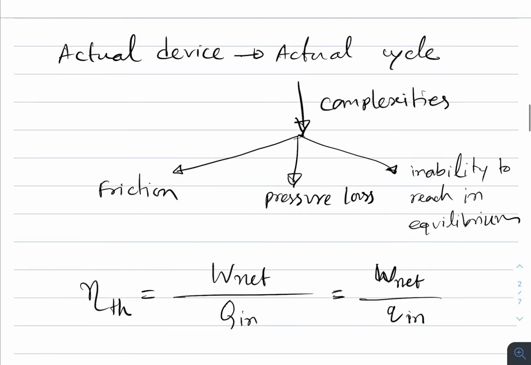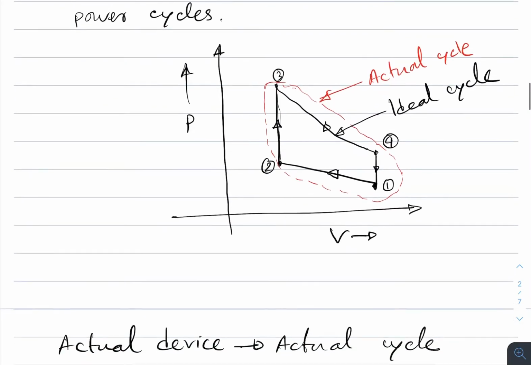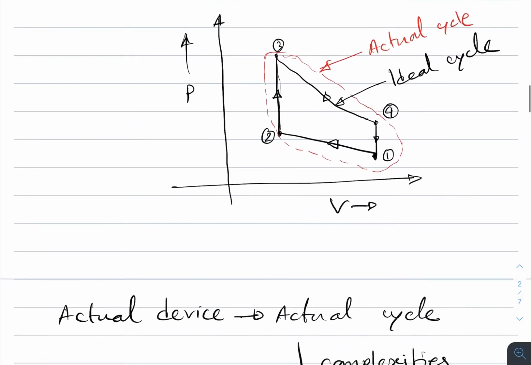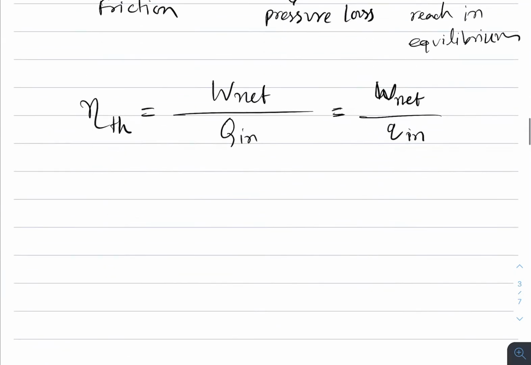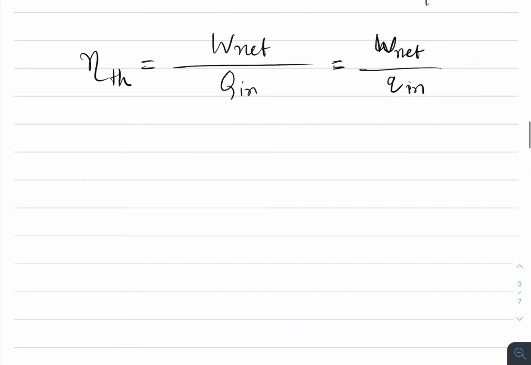Now in the ideal case, if we look at this diagram, we see that there is no pressure loss, or there is no friction, and all of the components of that system are following the straight path, right? So the efficiency of an ideal cycle will be 100%, that's for sure. However, for ideal cases, we have to consider some assumptions as well.